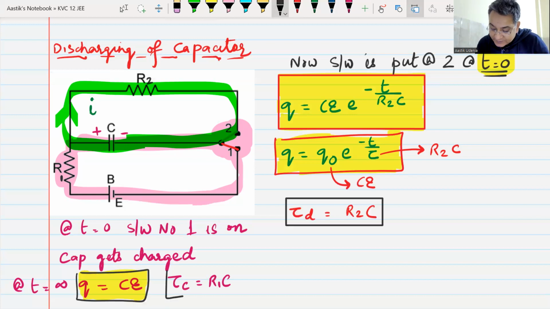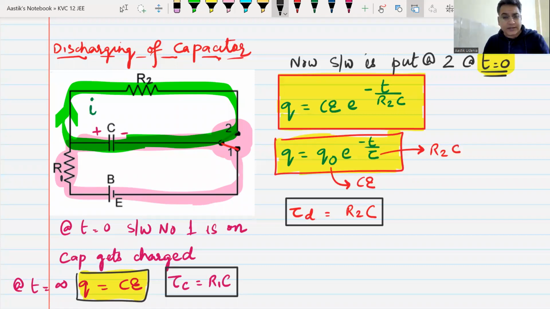It could have been the same as the charging circuit if the value of resistance had been the same. We understand this much? I'll give you 2 minutes to note it down. Once you are done, please let me know.